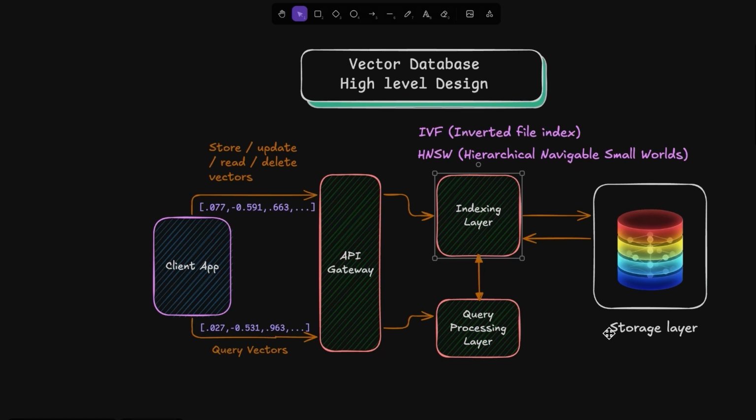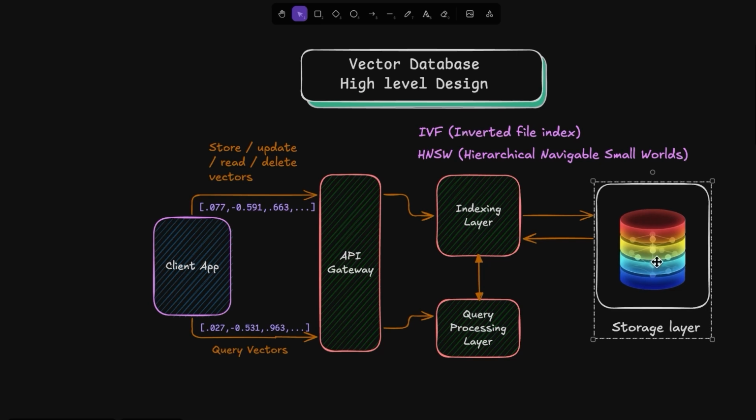Next, we have the storage layer. The storage layer is obviously for storing high-dimensional vectors efficiently. The main feature of any storage layer is fast insertion, fast retrieval, and fast deletion. Those operations should be extremely fast. The storage layer also ensures high durability and high reliability, which it enforces by replication.